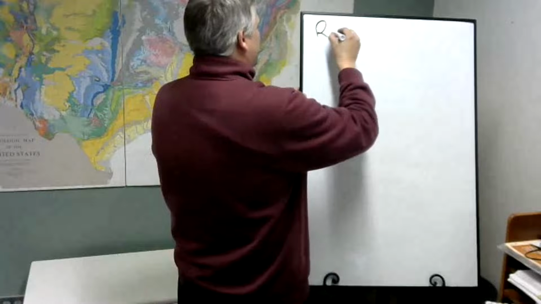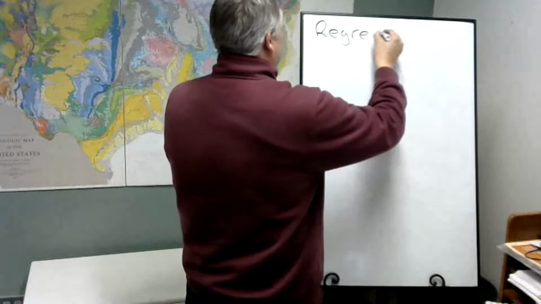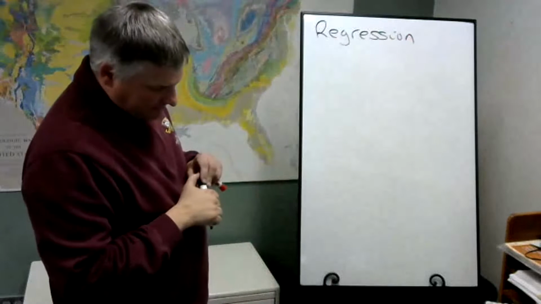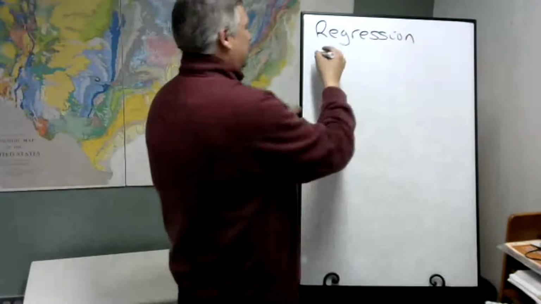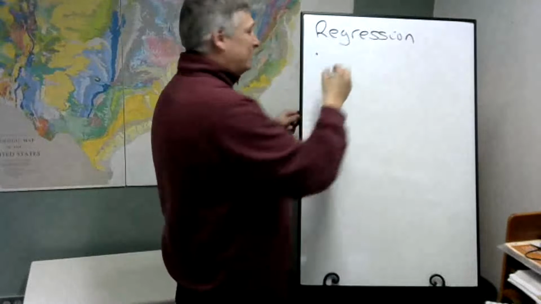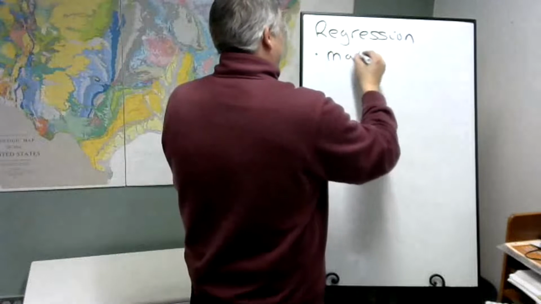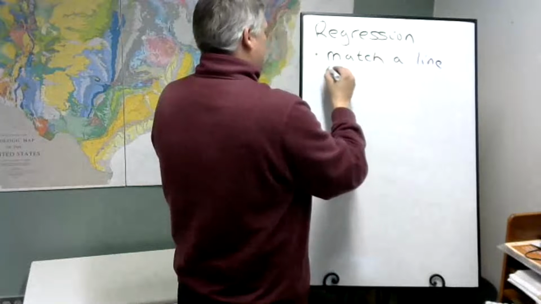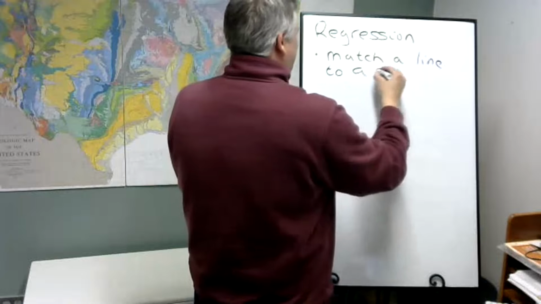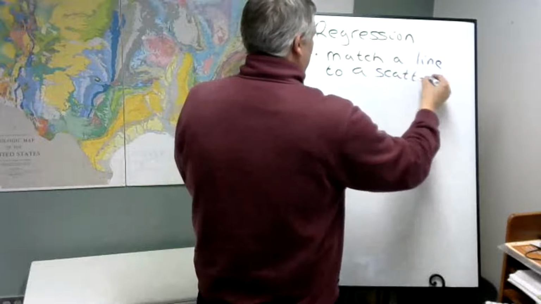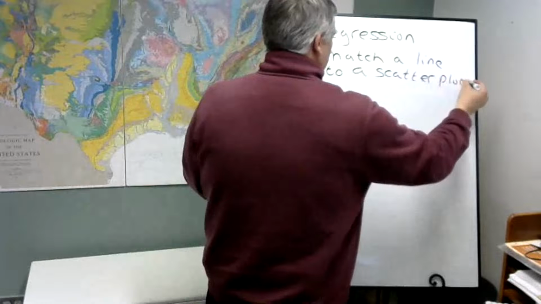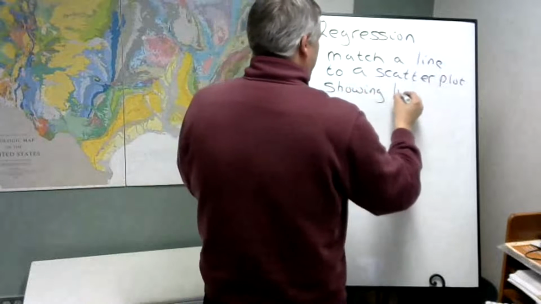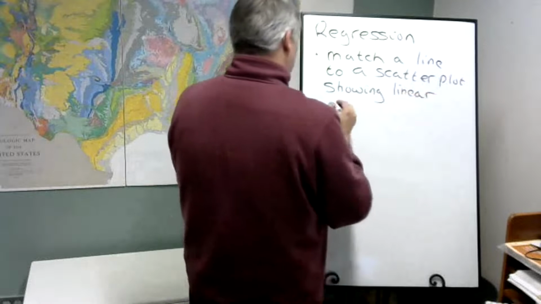This is called regression. And the idea is this: we want to match a line to a scatter plot showing linear correlation.